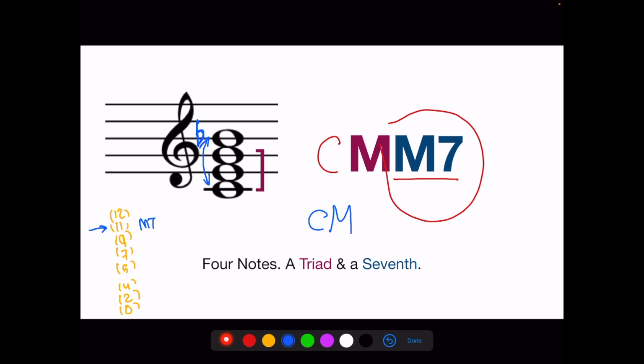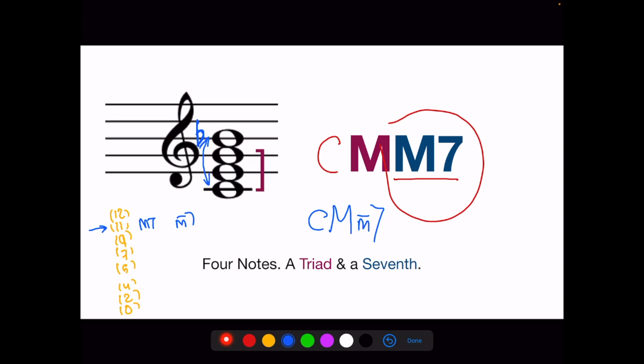So now we have, instead of 11, we have 10. So that makes it what? That makes it a minor 7. So now we have a C major minor 7 chord. Okay, so the initial example was C, E, G, B, and now we have C, E, G, B flat.